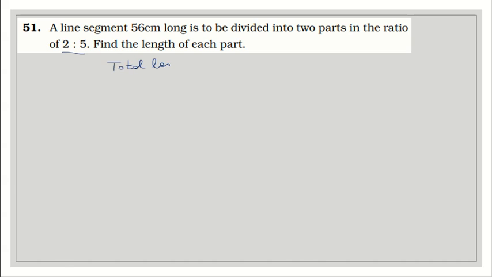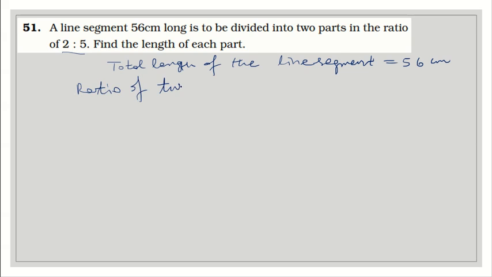total length of the line segment is 56 centimeter and the ratio of two parts divided is 2:5.